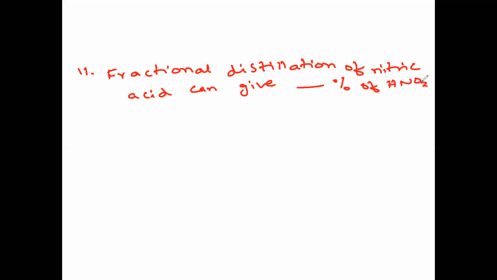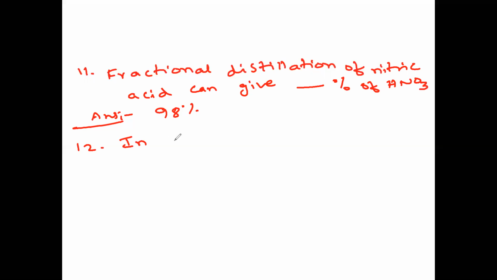We write the answer directly without writing options. 98% of nitric acid can be obtained by means of fractional distillation of nitric acid. I hope it is clear. Next question, question number 12.